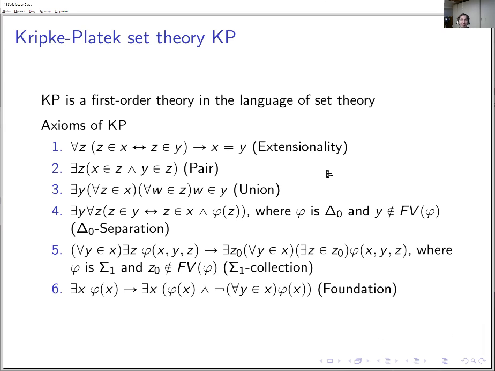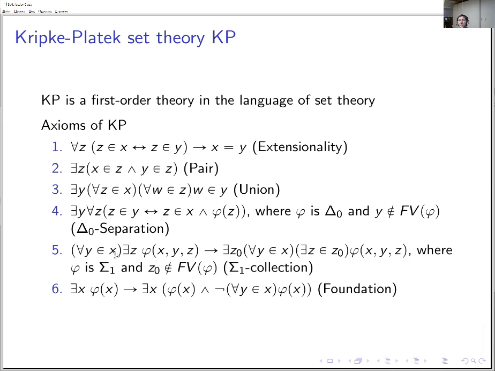Replacement says the following: if for all elements in a given set you have witnesses for some property phi, then you have an all-encompassing set such that you can always find your witnesses in this set. In the case of replacement, in your premise you would say that you have a unique witness, and then you can just collect these unique witnesses.